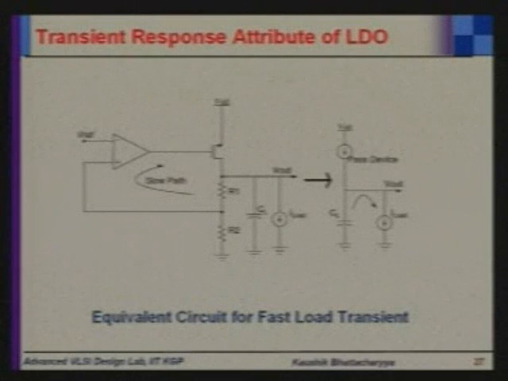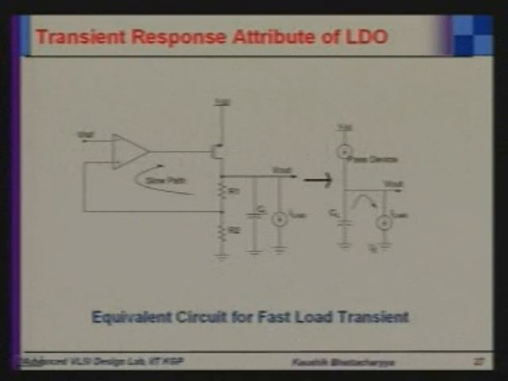Now, we will see the transient response attribute of LDO. First, for off-chip condition, here the diagram is for off-chip condition. That means off-chip load capacitor CL is there. When a load transient occurs, I load is varying from low to high or high to low. At that time, if you can use the load capacitor at a higher value in the range of nanofarad or microfarad, as an off chip component, it will store the potential energy equivalent to its output voltage.